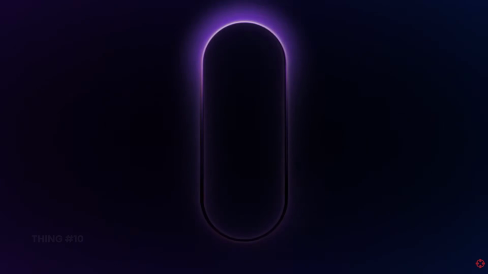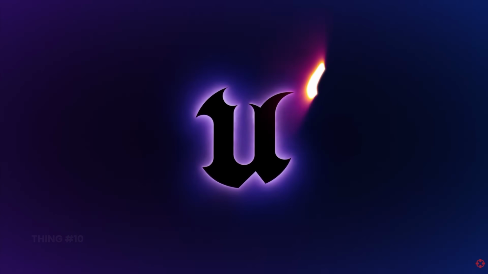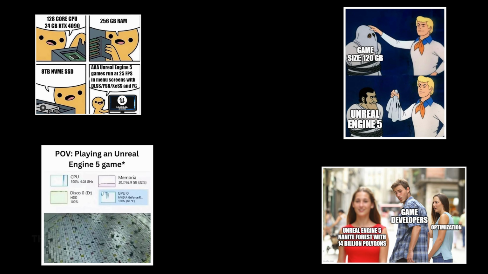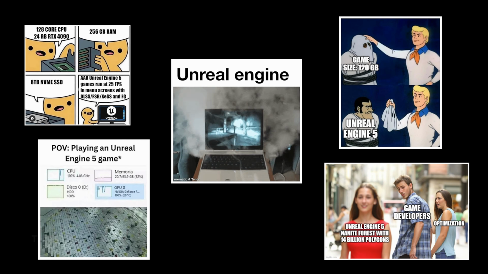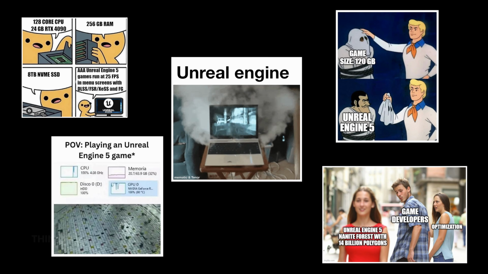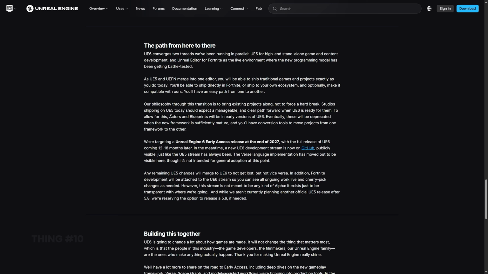Okay, thing number 10 now, in a segment I like to call, what's new in the 3D world? Well, Unreal Engine 6 just got announced. Yes, you heard it right. Since Unreal Engine 5 was so stable and functional and so smooth and perfect, they decided to launch Unreal Engine 6. Isn't that nice? And guess what? They're gonna get rid of Blueprints.